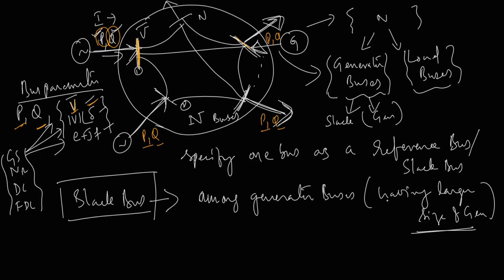Only I need to find out the other bus parameter, that is voltage magnitude or angle, or simply the complex voltage, or the real or reactive part of the voltage. I am left with only voltages to be determined.